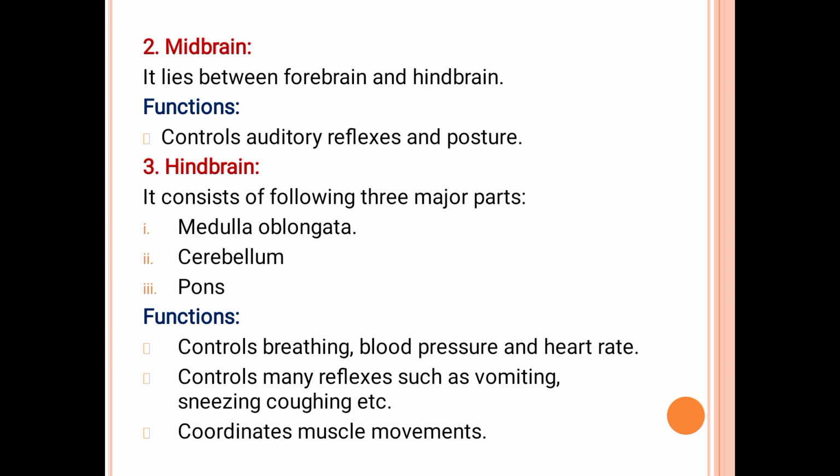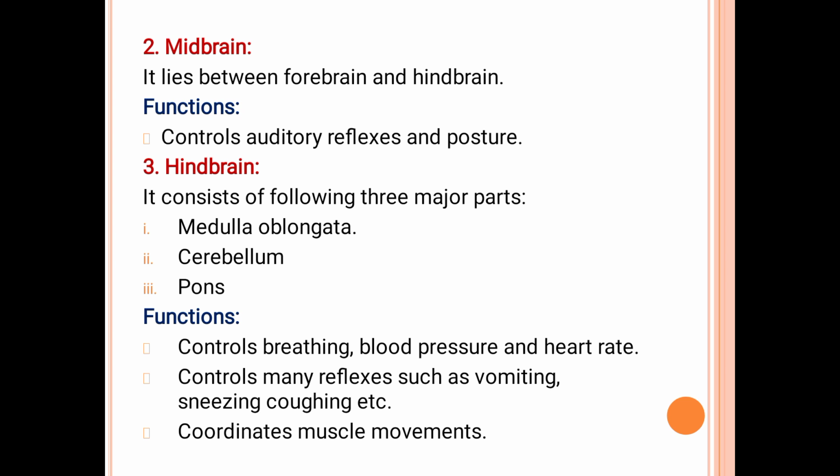On the third number, that is the last part of brain, also called hindbrain. It consists of following three major parts, that is medulla oblongata, cerebellum and pons. What are the overall functions of hindbrain? It controls breathing, blood pressure, and heart rate.